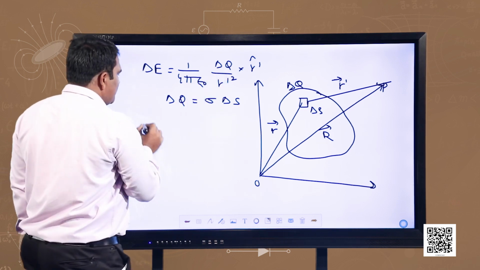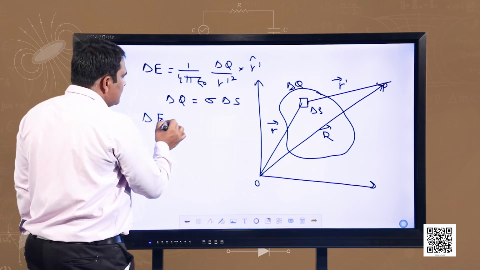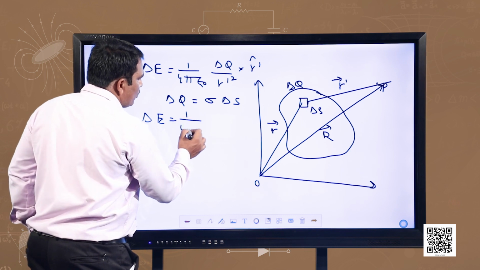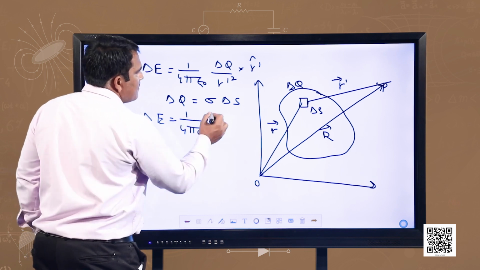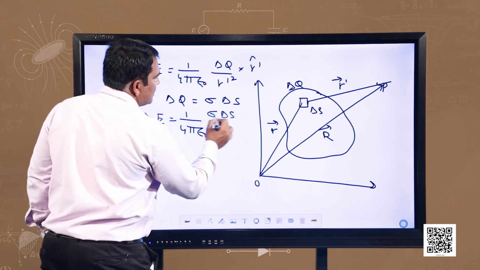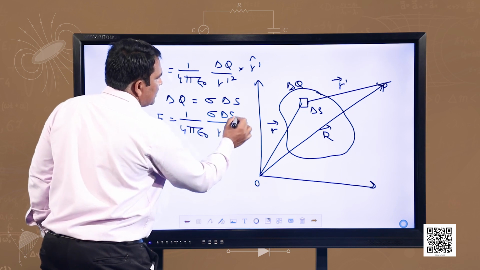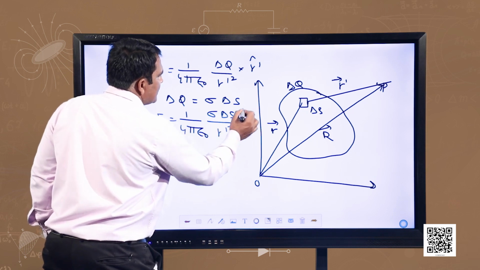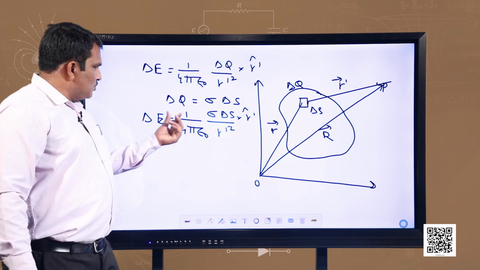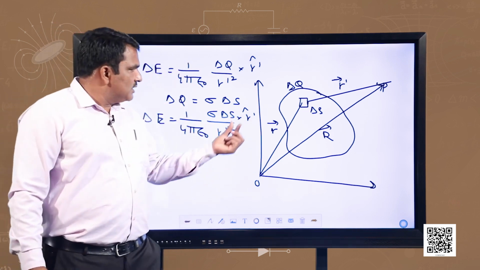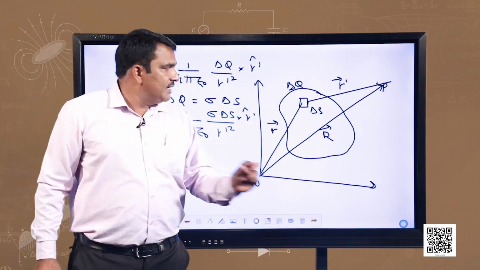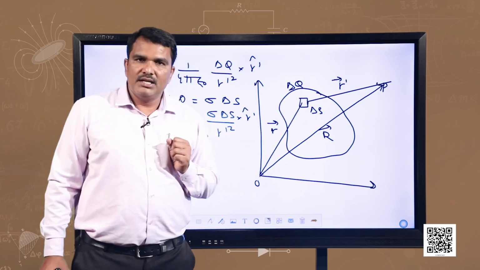Now, putting the value of delta Q here, you get delta E as 1 by 4 pi epsilon naught sigma delta S divided by r dash square multiplied by r dash cap. So, this is the electric field due to the charge contained in this small area element.